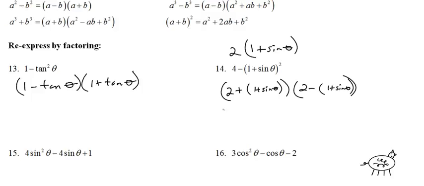Okay, so if I simplify it, I get 2 plus 1 is 3 plus sine of theta. And that's 2 minus 1, right? You distribute the negative. So 2 minus 1 is 1, and then minus sine of theta. Okay, that's that factored.